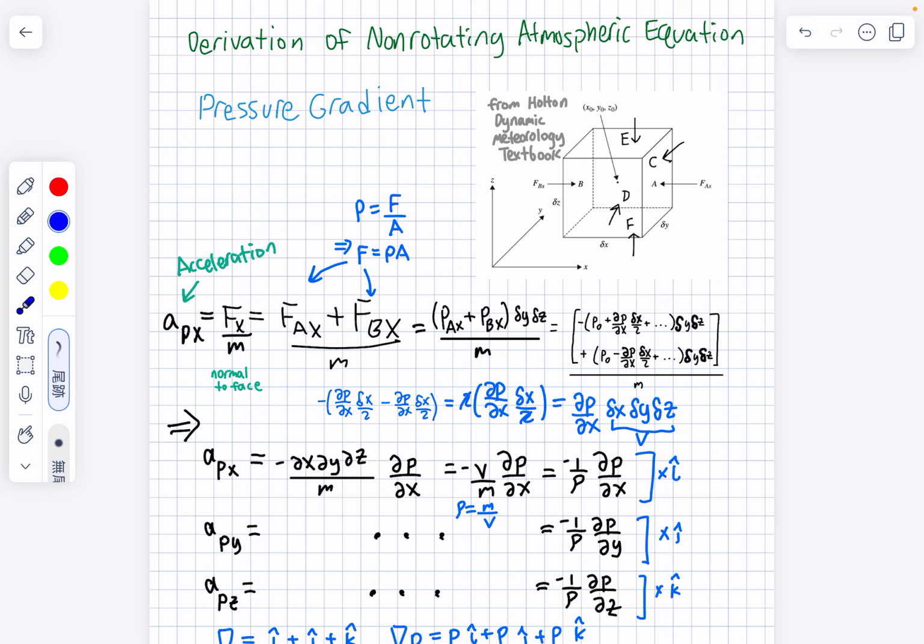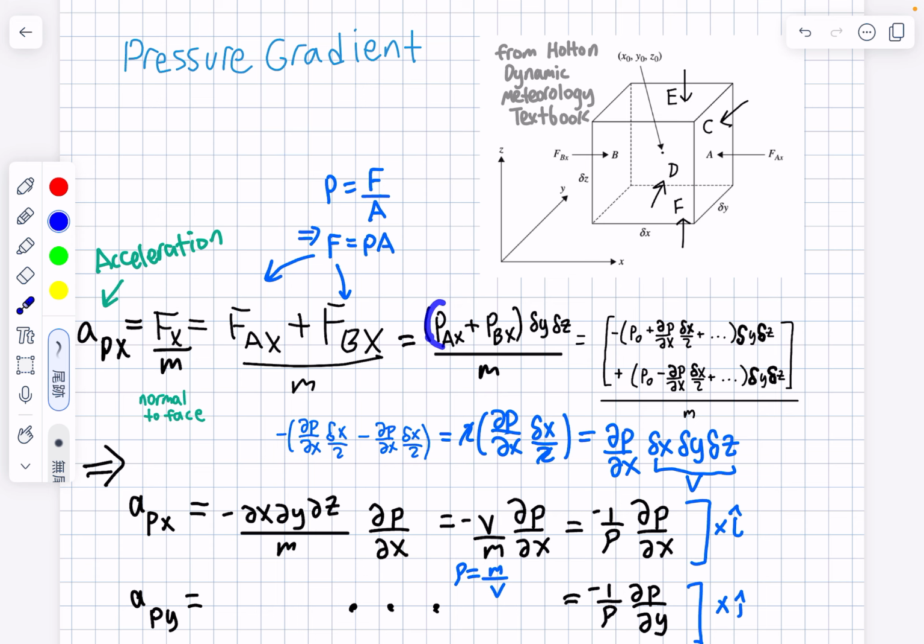We have this, and we can also expand these pressure terms using the Taylor series expansion, which is a series of the initial pressure plus combinations of the derivatives, double derivatives, up to the infinite derivative.